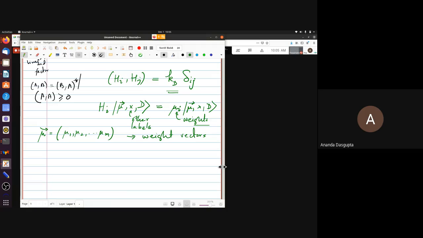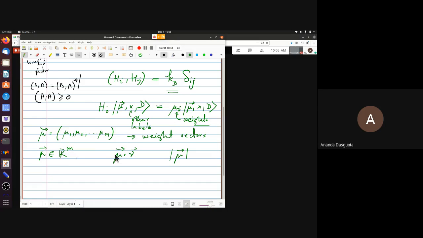Okay, and because there are m of them, you can write them in an m-dimensional space. So mu vector belongs to basically R^m, and you can use notations like this. Standard way, mu dot nu is mu1 nu1 plus mu2 nu2, etc. By the way, these are Hermitian operators, so all the eigenvalues are real.